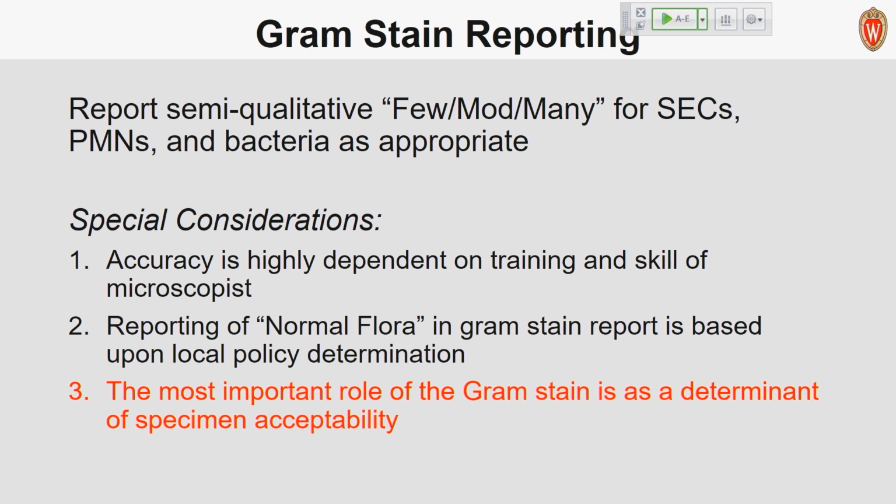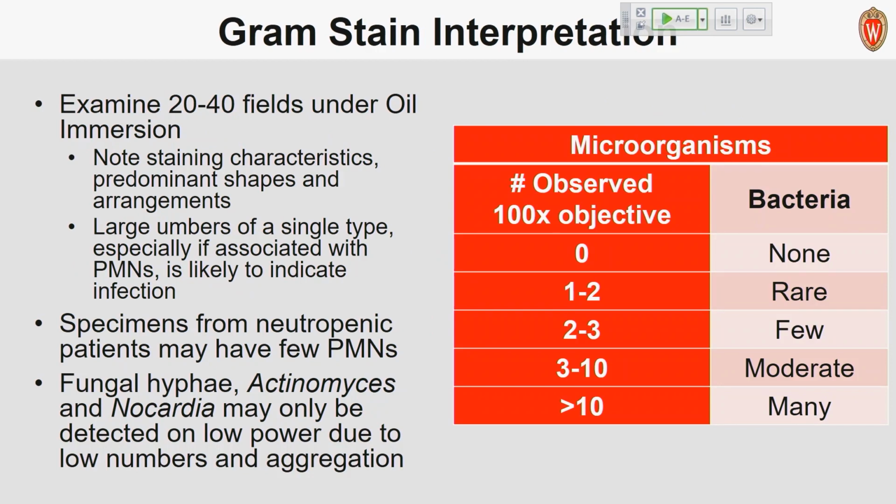We have a question here. Oh, yeah. I'm sorry to interrupt. No, go ahead. When you have a neutropenic patient that might have less PMNs, do you change your grading scale? I'll be honest, I don't know that we know when we have a neutropenic patient up front. Unless it's somewhere visible in the EMR, but I would say in our practice, it's not common knowledge for us to know if it's a neutropenic patient.